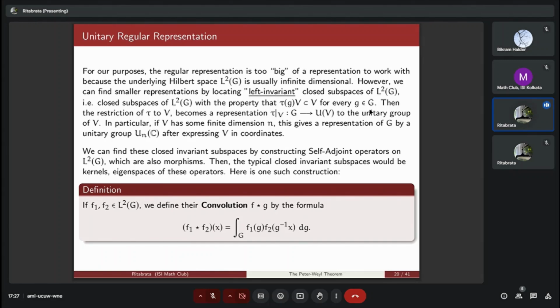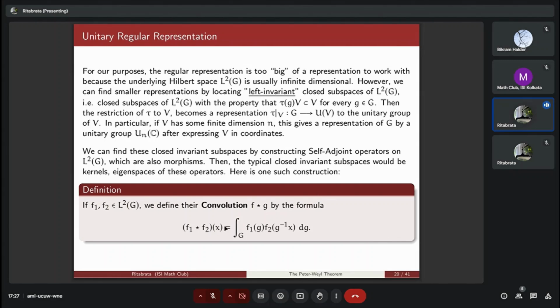In analysis, or in Fourier analysis, convolution is a very common thing to do, even in analytic number theory and so on. Given two square integrable functions, we can define their convolution to be the following function. f1 star f2 of x is the integral over G of f1(g) f2(g inverse x) dg. This is for a locally compact group G. For R or C, many of you have seen this definition, the integral of f1(t) times f2(x minus t) dt. In that case, minus was the group operation, the additive group.